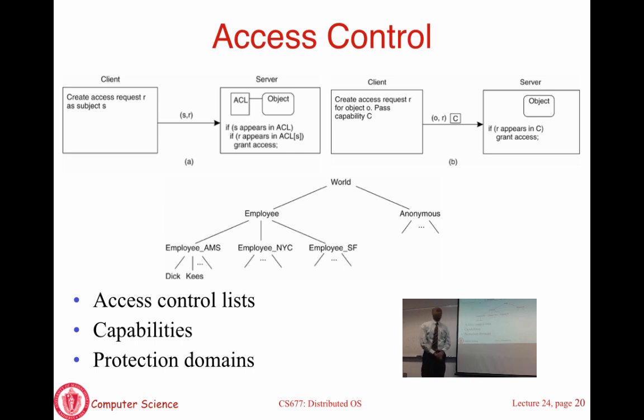The access control list is simply a list that says who has permissions to access this object and what kinds of permissions do they have. Okay, so you can say somebody can read the object, somebody can modify the object, somebody can do some other operations on the object, like delete. So an access control list is simply a list of all the users and what operations they are permitted to perform on the object. Okay?